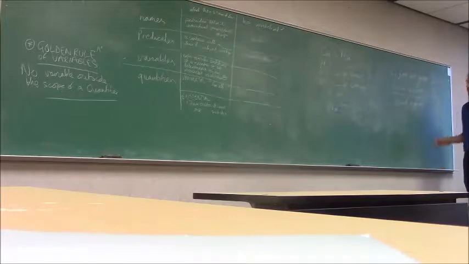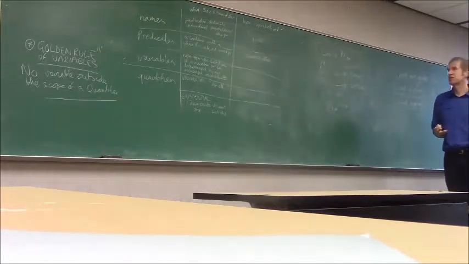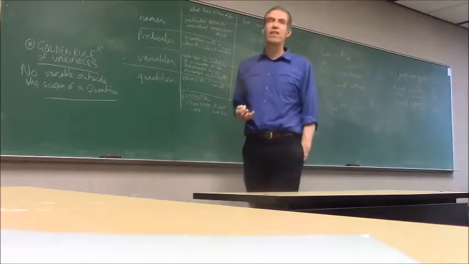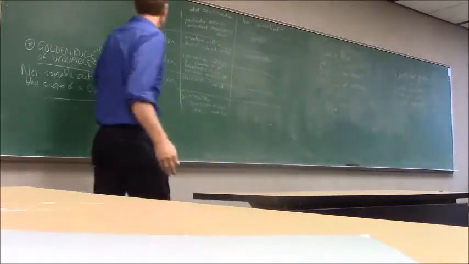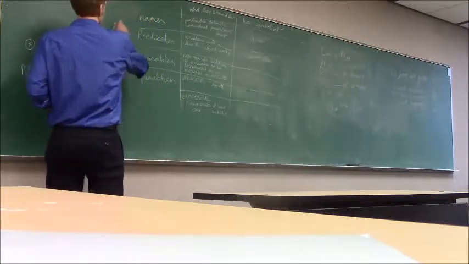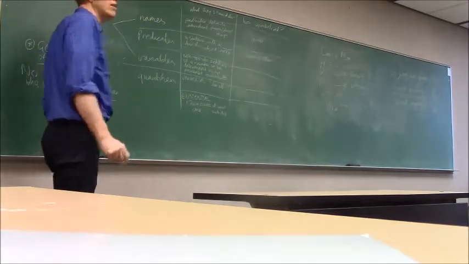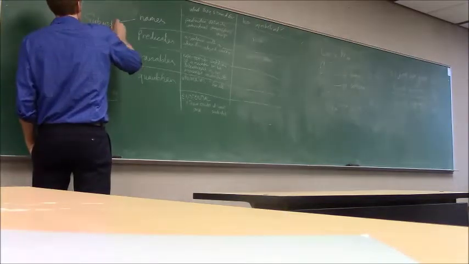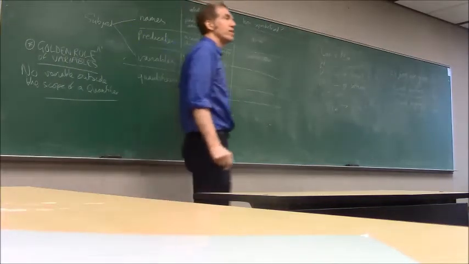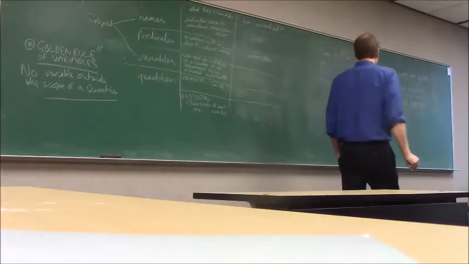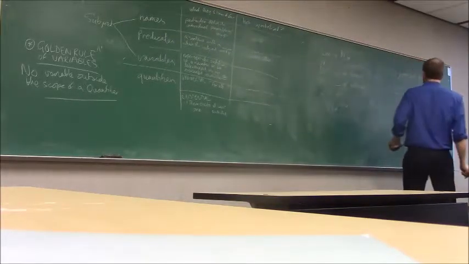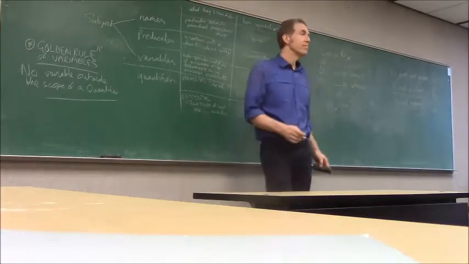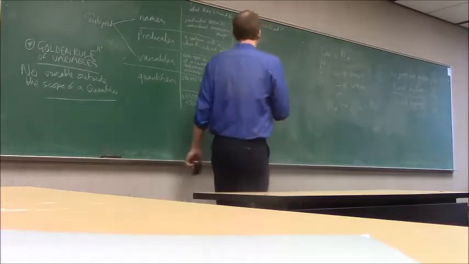So if we're not going to use a name to represent the subject of a proposition, there is only one other thing you're allowed to use, and that is a variable. So names and variables are the two ways of symbolizing the subject. If you don't use one, you have to use the other. Okay, so what does a variable look like? It looks like x, y, or z.